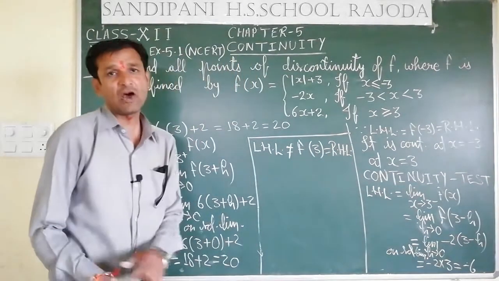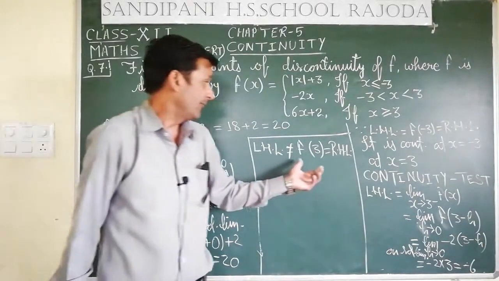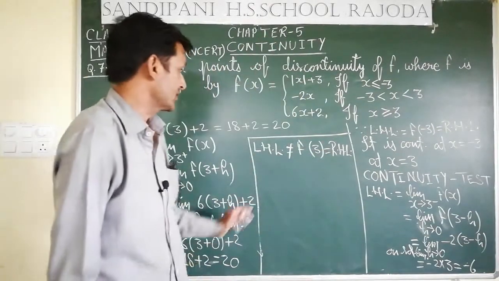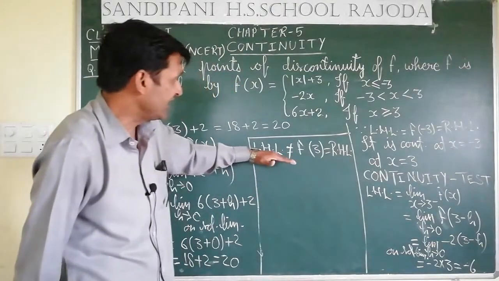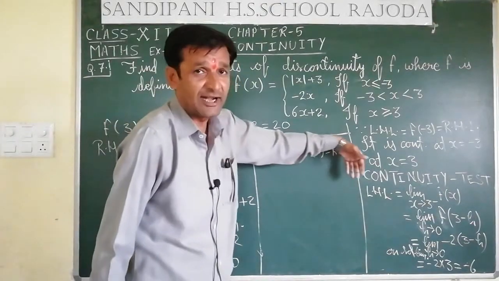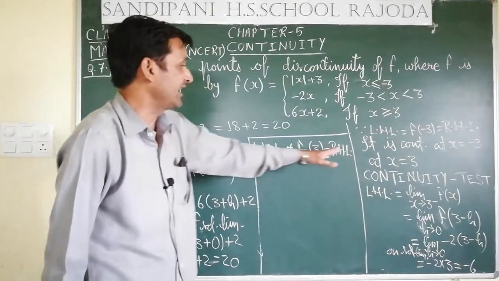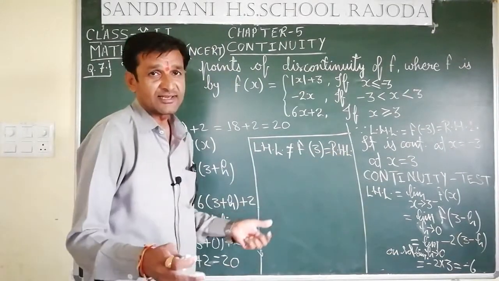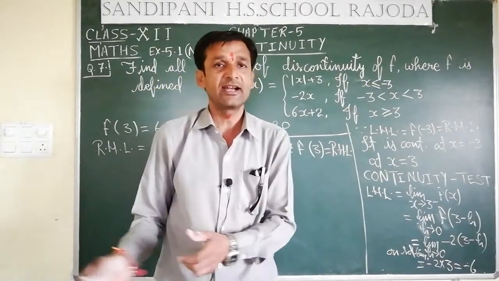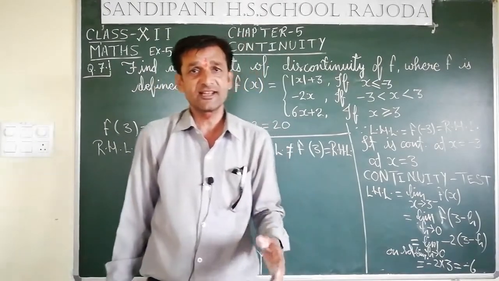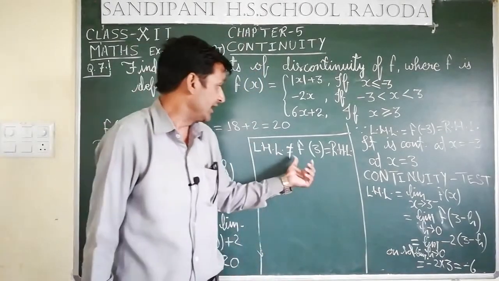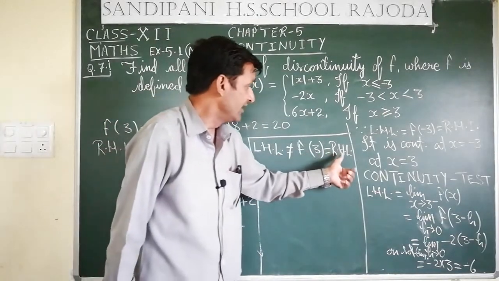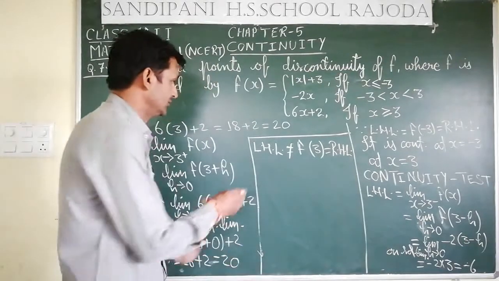One more thing I want to tell you, which will come in your higher classes, is that it is left hand discontinuous but right hand continuous function, because the right hand limit is equal to f of 3. But we are not discussing left hand continuity or right hand continuity here, we are just discussing discontinuity. So it is a discontinuous function because LHL is not equal to f of 3, but it is equal to RHL.